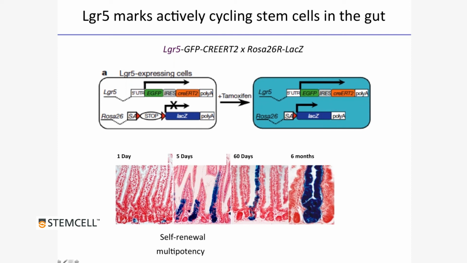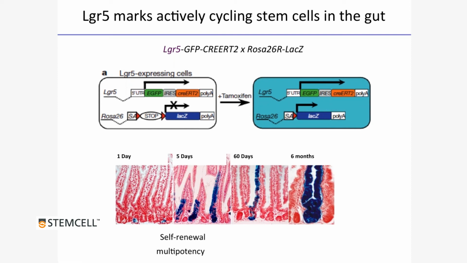However, if we give tamoxifen to these cells, the Cre becomes activated, it goes to the nucleus, and it will eliminate this stop codon in front of the LacZ reporter. That will allow these LGR5-positive cells to now be marked by the expression of the ROSA locus. In that case, it was marked with the LacZ reporter, so they were marked in blue.